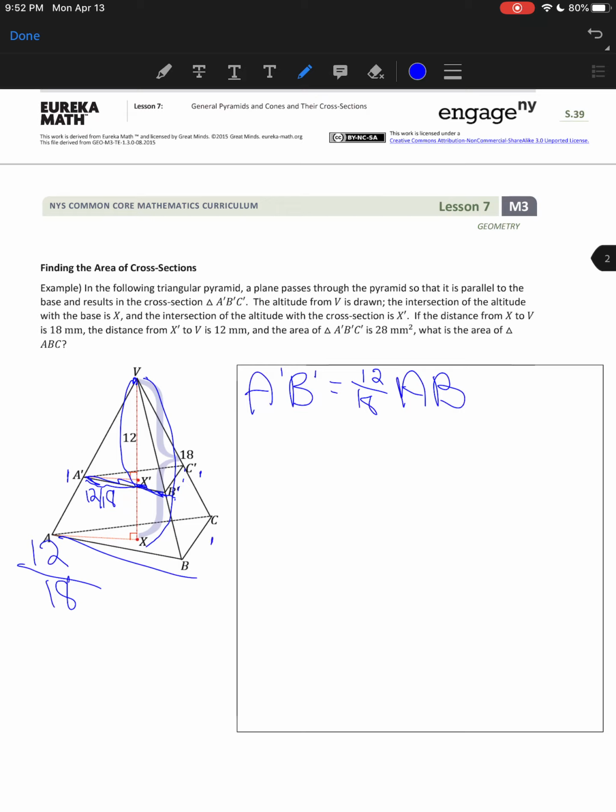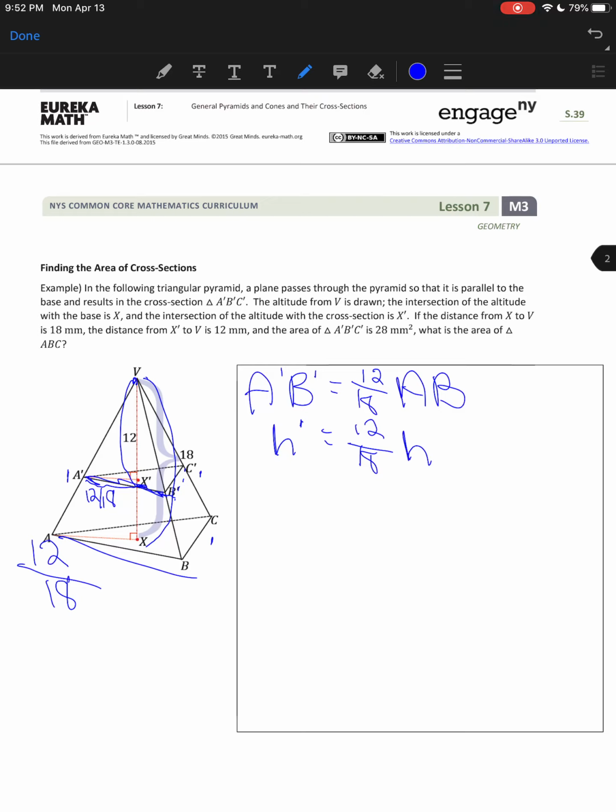So how does that help us find the area of this larger triangle? Well, we have to think about what we know about the sides being proportional, and we have to think about what the area formula for a triangle is. So if I call the height of the smaller triangle up top height prime, that's going to be equal to 12/18 of the height of the bottom triangle.